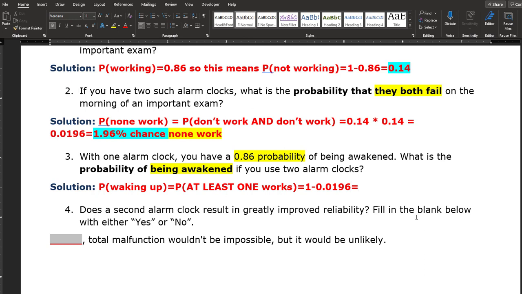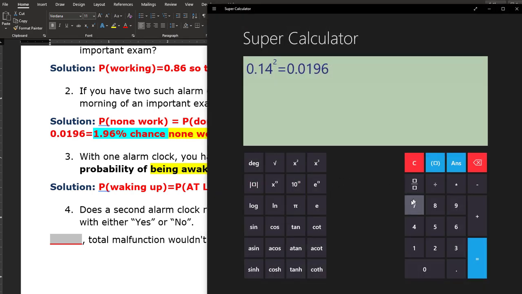After we do this calculation, that will give us at least 1. So if we do 1 minus none, that'll give us at least 1. So we're using that same formula again with this type of problem.